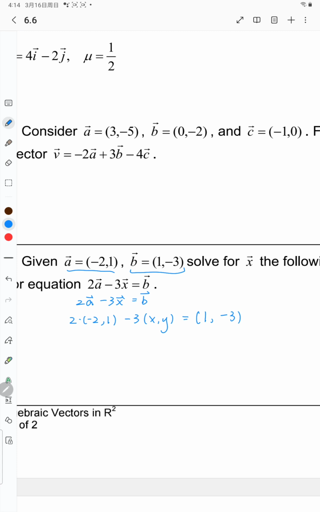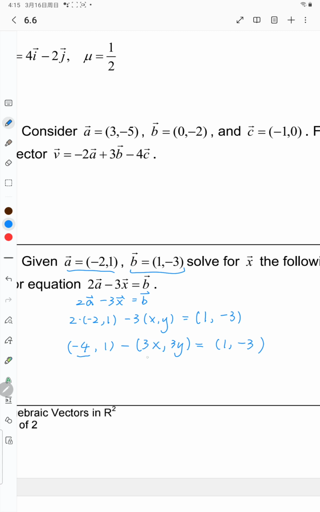So we establish two equations, one for the x coordinates. For the x coordinates, I think we can just continue writing out this equation, right? So this is negative 4, and then minus 3x, 3y here. And then this is y, negative 3. And then I think you will be able to solve this, right?